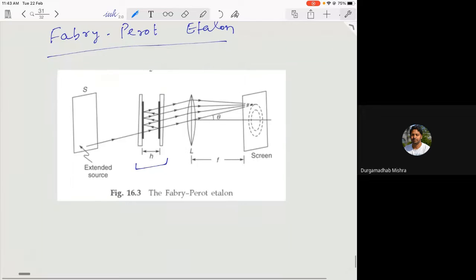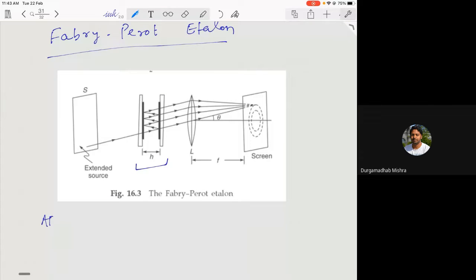Okay, so this also has some applications. For example, you can look at the flatness of the coating. In such a device, if you put any optical coating, you can calculate the flatness of the coating.